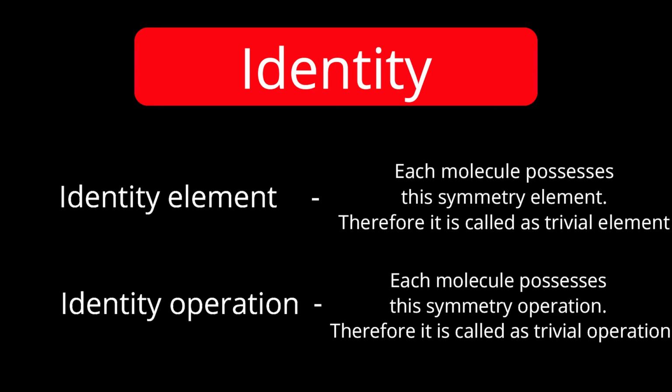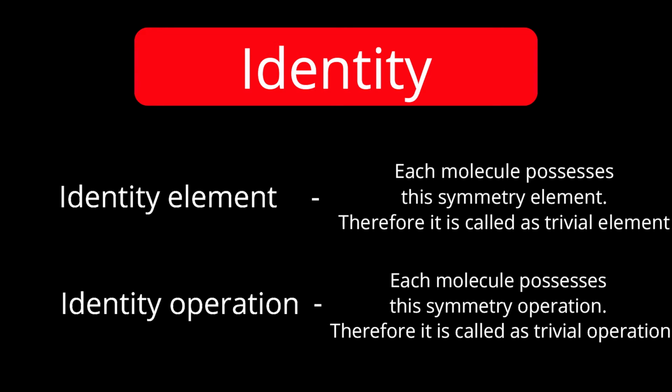Now such element can be present in which kind of molecule? Actually, this identity element, accordingly identity operation, remains in each and every molecule, whatever may be the structural arrangement of the molecule.